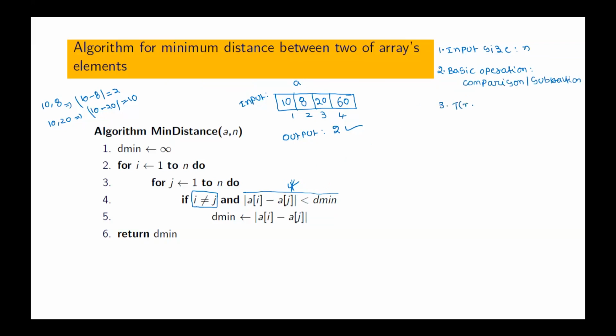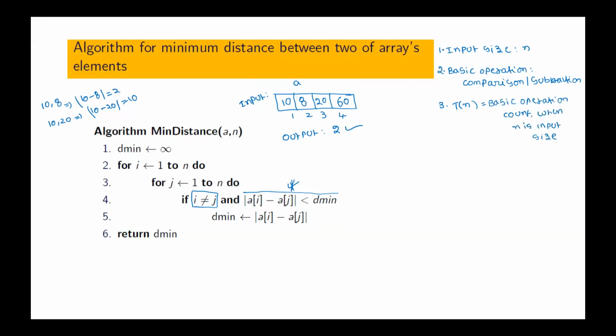What is T of n? Basic operation count, when n is the input size. Is that okay?